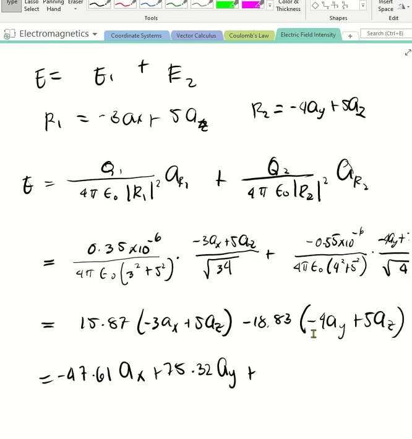Then we need to subtract it with 18.83 times 5. And that is 14.8. It's a negative. This should be negative.